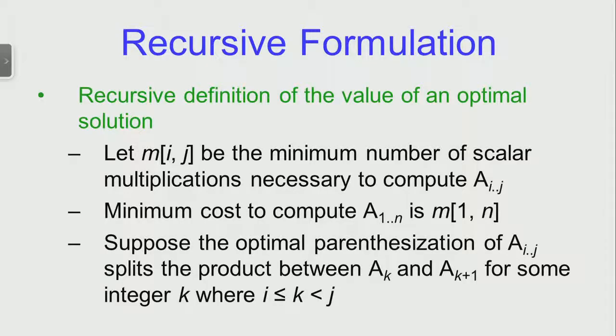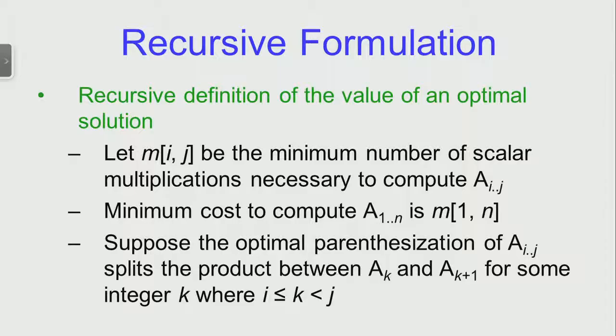So, we will verify the claim that this problem has optimal substructure while coming up with a recursive formulation of the optimum values. In this case, we again introduce a few variables which are necessary for us to compute the minimum number of scalar multiplications.